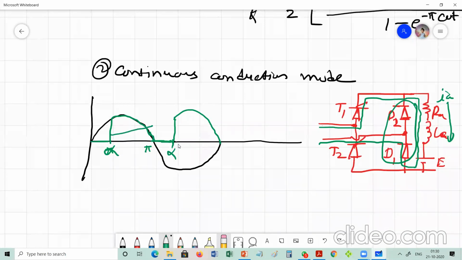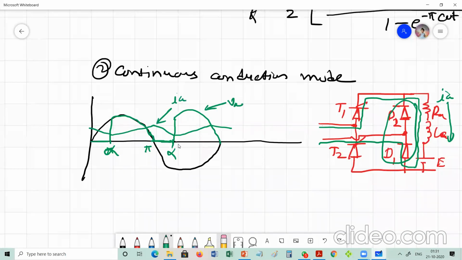When the source is disconnected from the load, the current will decrease. Again, when the source is connected to the load, the current will increase. This is the current IA. This is voltage VA. Such waveforms will be there.